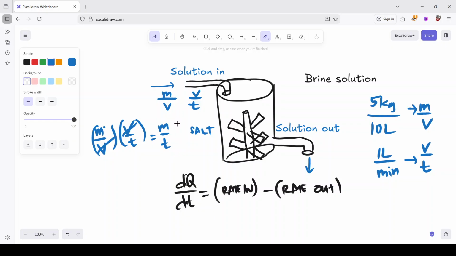So this is our formula for the going in side of the solution, and then for the going out side of the solution.